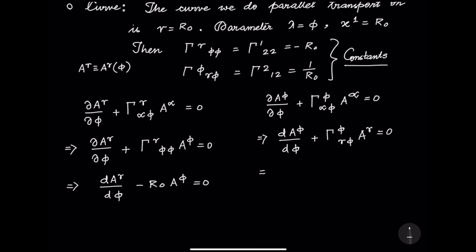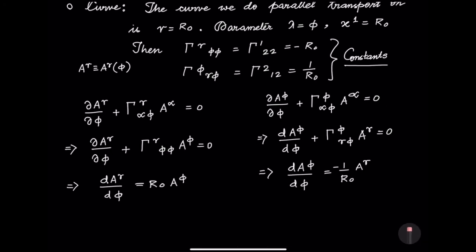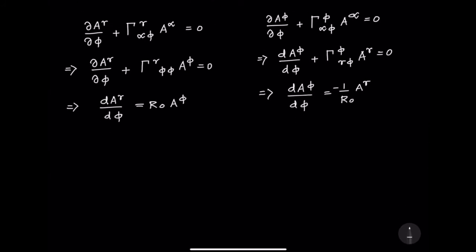And when alpha equals R, this equation becomes gamma phi R phi, which is 1 by R naught. So I get these two equations. You will see why I am writing it this way shortly. Now let's choose some initial conditions such that I can move the vector around the loop and see what happens later.